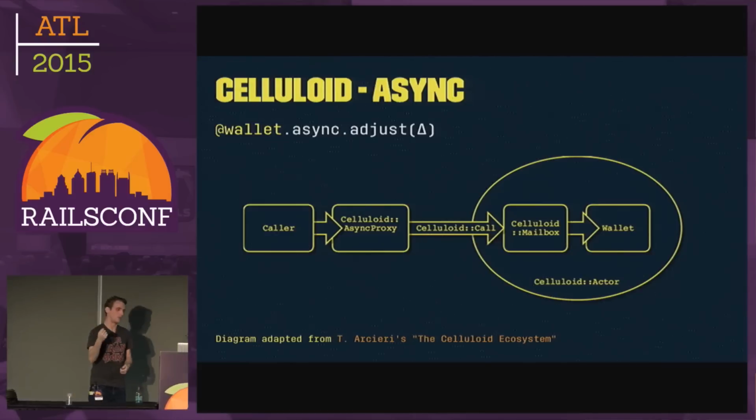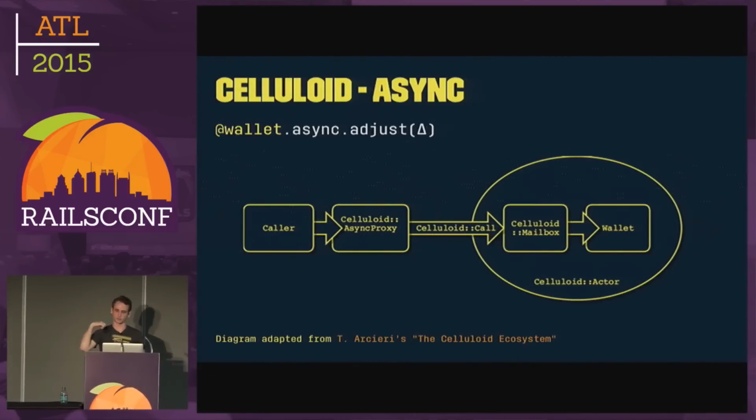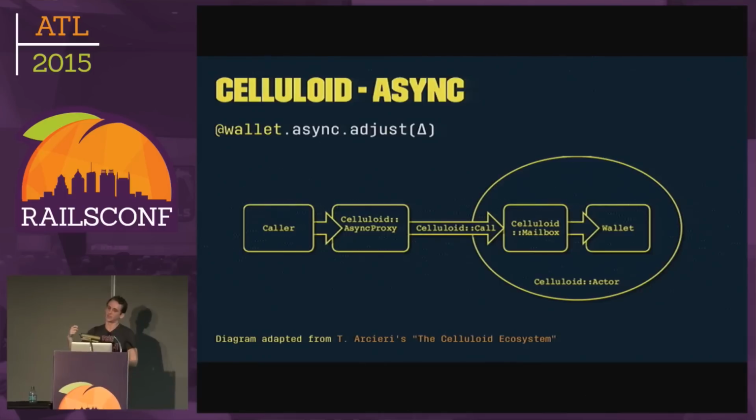So when we make a call, it's just going to throw that message onto a mailbox that Celluloid will handle the synchronization of. So when we asynchronously say to adjust by some amount, that's just sending out a piece of mail that the wallet will eventually get and process.